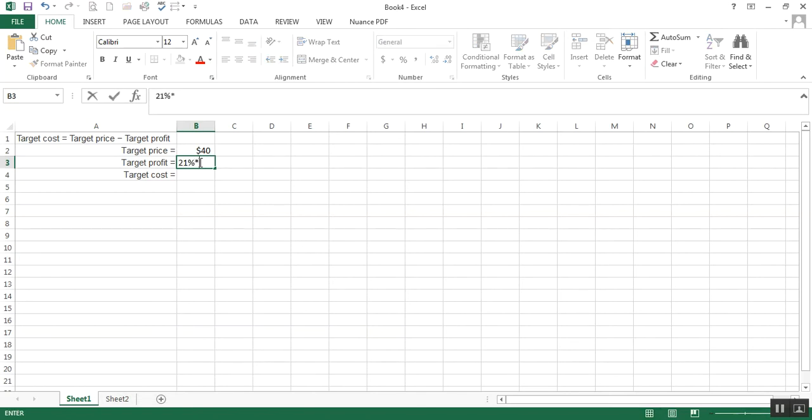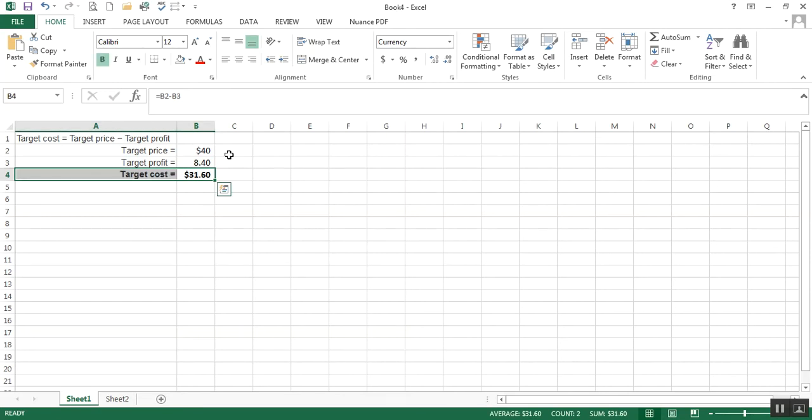So 20% times our price, we want a return of $8.40. So that means the target cost is going to be the target price minus the target profit. So in this case, our target cost is $31.60.